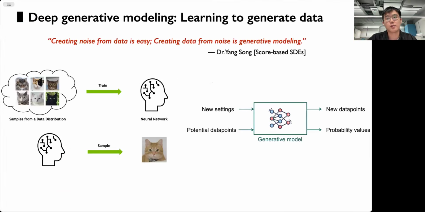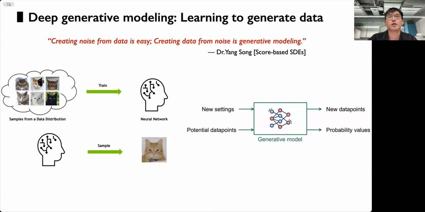We can see a lot of amazing things these days coming from deep generative models, for example using diffusion models to generate new images, or large language models that act like a human.